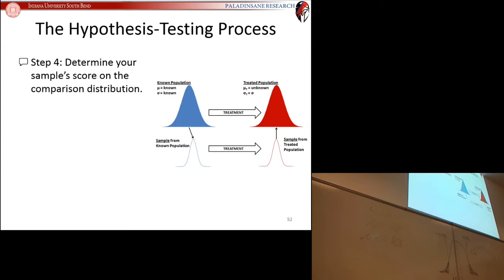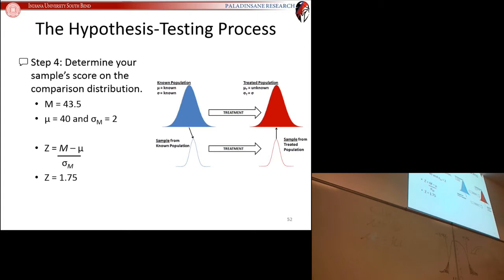To do that, we go to our sample mean, a score of 43.5. We go to our comparison distribution's parameters, mean of 40, standard deviation of 2, and we calculate the z-score using our formula, and we find out that we have a z-score of 1.75.